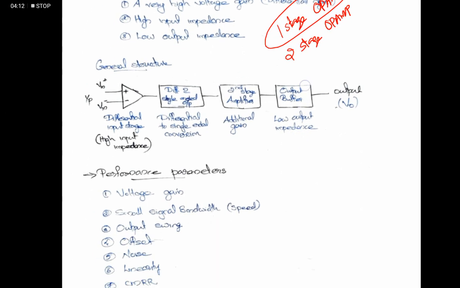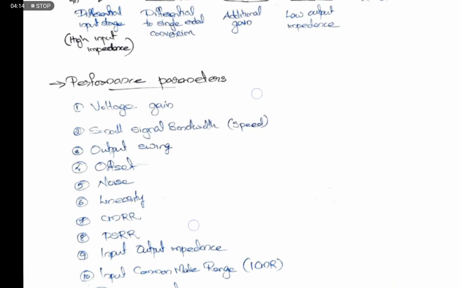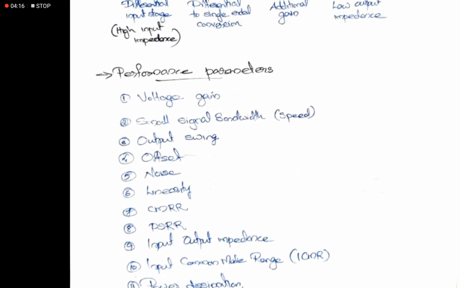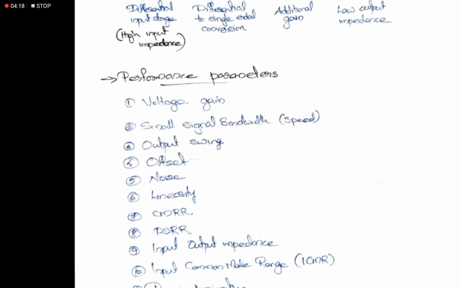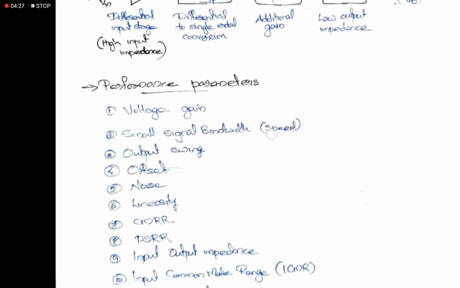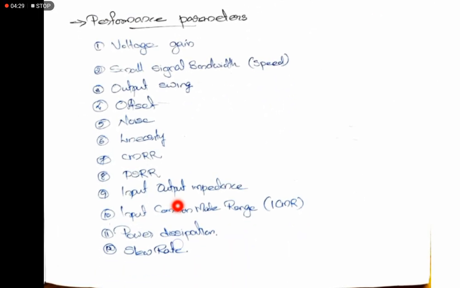The performance parameters of OPAMP and the differential amplifier will be the same: high differential gain, and in terms of IC or the operational amplifier, some other parameters are also there. We know CMRR, common mode rejection ratio, and power supply rejection ratio. CMRR is nothing but AD by AC, differential gain by common mode gain.